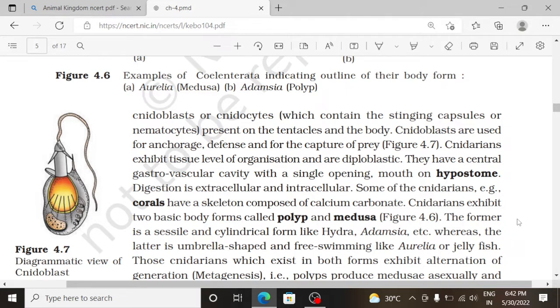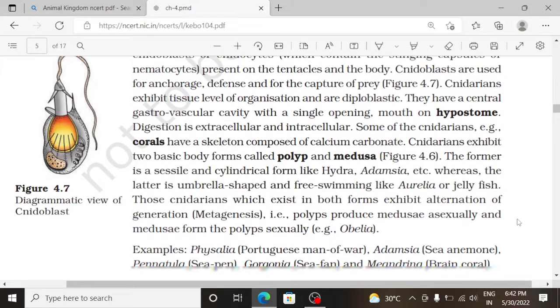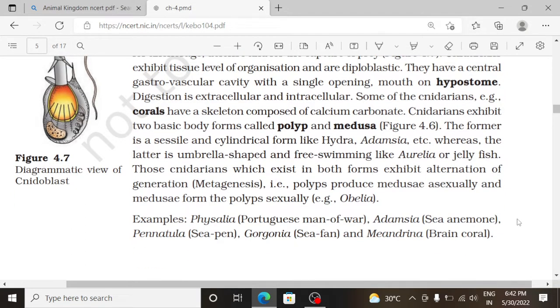Cnidarians exhibit tissue level of organization and are diploblastic. They have a central gastrovascular cavity with a single opening, mouth on hypostome. Digestion is extracellular and intracellular. Some of the cnidarians, for example corals, have a skeleton composed of calcium carbonate. Cnidarians exhibit two basic body forms called polyp and medusa. The former is a sessile and cylindrical form like Hydra, Adamsia, etc., whereas the latter is umbrella shaped and free swimming like Aurelia or jellyfish.